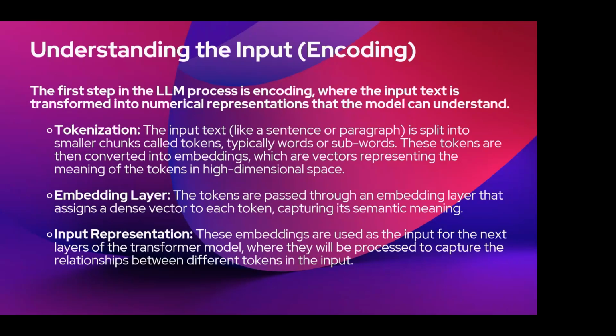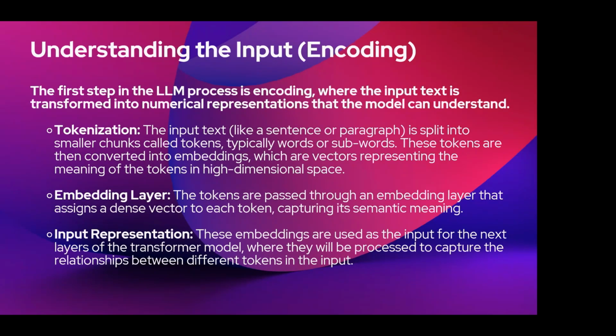So what happens first is we give a sentence to the LLM. The LLM breaks the sentence into words. The words are assigned numbers and passed into the next level. This is nothing but the embedding layer or the vector layer, where each token is assigned a vector. It is the place where it will understand the meaning.